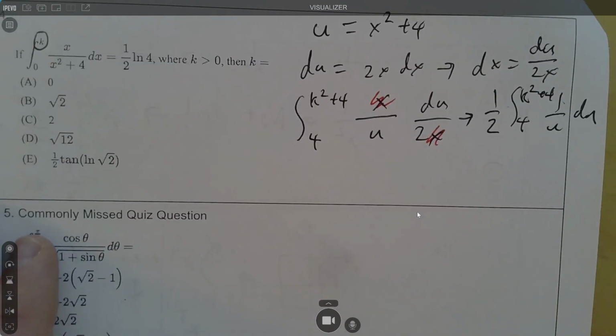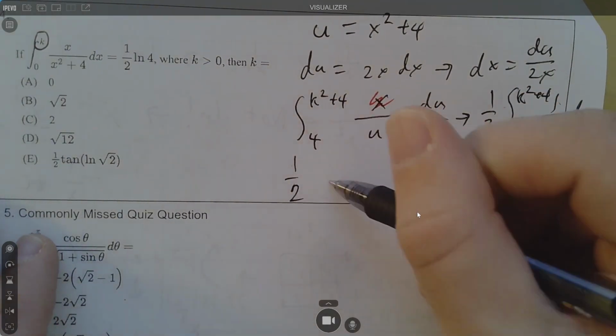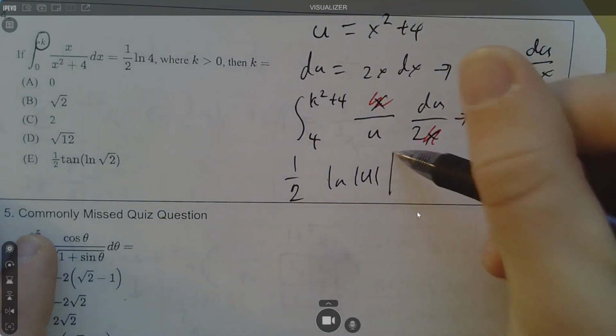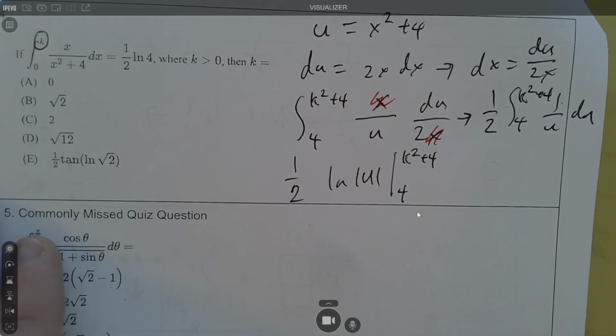When you integrate that, you take the antiderivative, you're going to get 1/2 ln u from 4 to k squared plus 4. Okay?